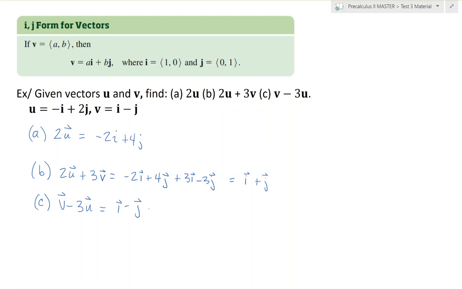A negative 3 times negative i is a positive 3i vector, and a negative 3 times the 2j vector is going to be a negative 6j vector. Putting those together, I get 4 times the i vector minus 7 times the j vector. And that does that.